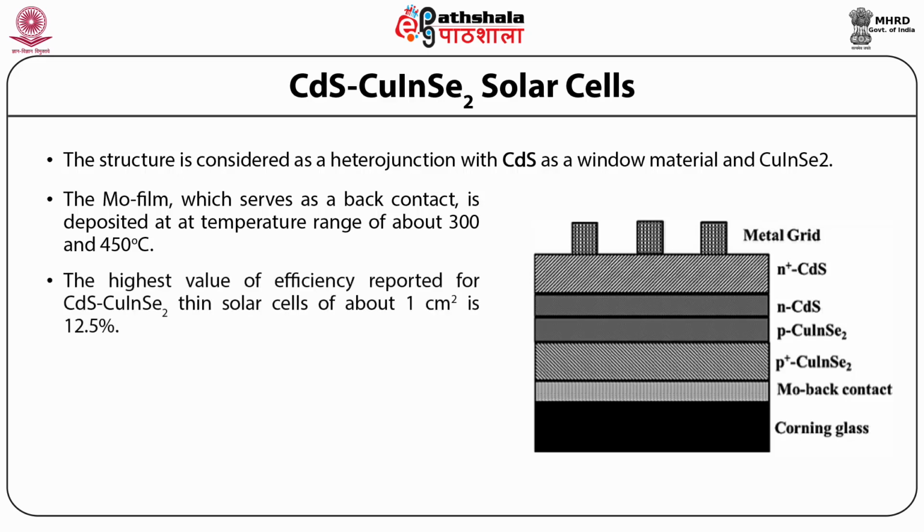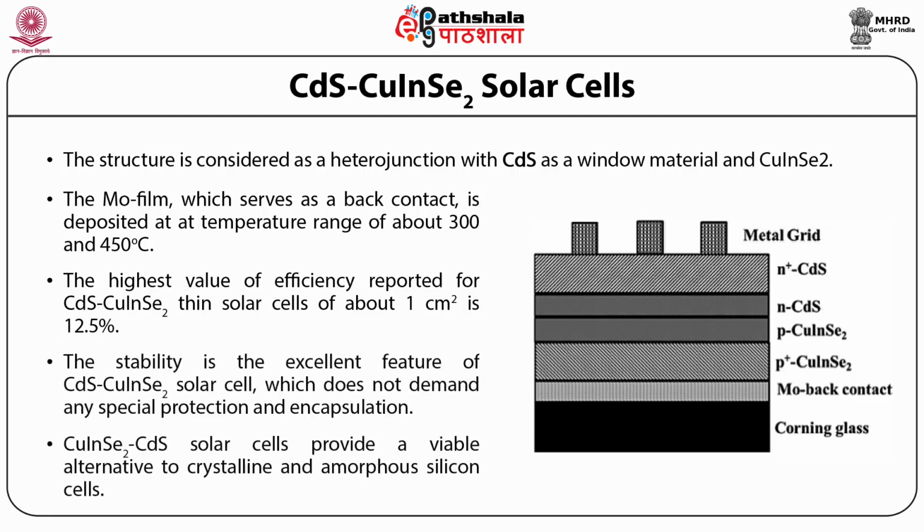So the highest value of efficiency which has been reported for cadmium sulphide, copper indium selenide thin film solar cells is of about 12.5%. The stability is the excellent feature of cadmium sulphide copper indium selenide solar cells, which does not demand any special protection and encapsulation.